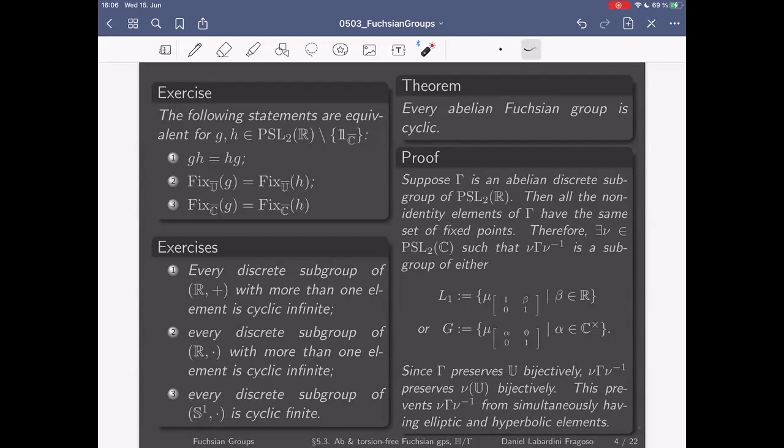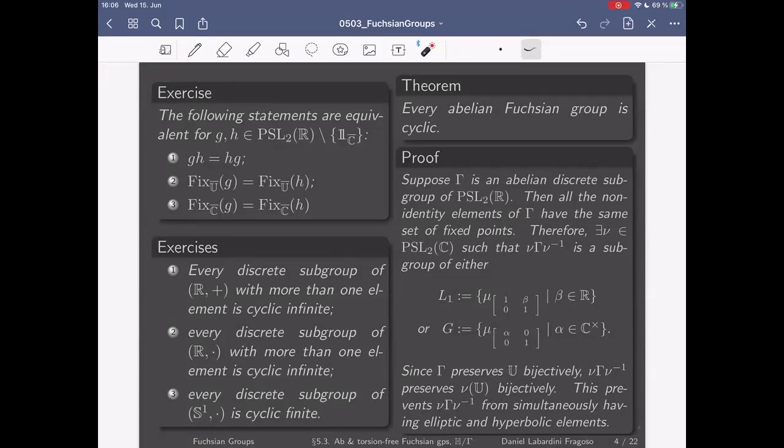And the first thing you should recall is that if you have two commuting elements in PSL2R, then they have the same fixed points in C bar, and you can also show that they have the same fixed points in U bar, so the closed upper half plane.